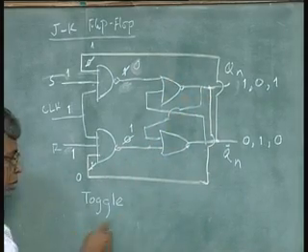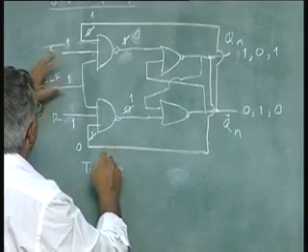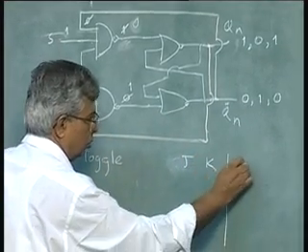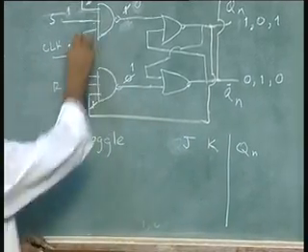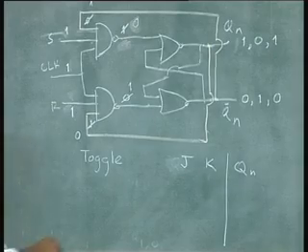So if you write the truth table, I am going to introduce for the first time the letters J and K. The 3 input NAND gate expanded version of the SR flip flop is now called a JK flip flop.